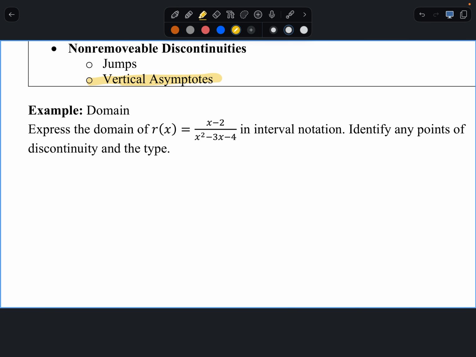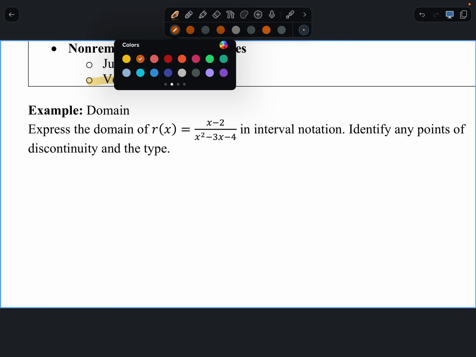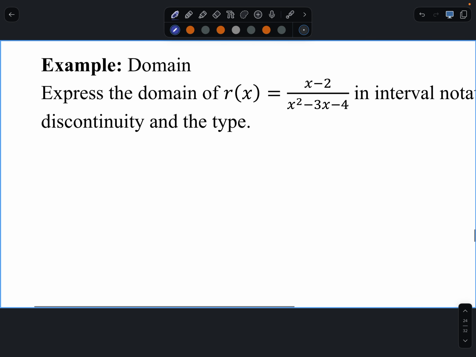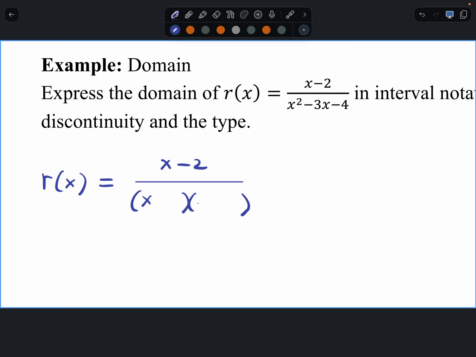For this particular rational function, x minus 2 is already linear. It's not going to factor. But we can think about factoring the denominator. So we can rewrite r of x as x minus 2 over (x minus 4)(x plus 1).